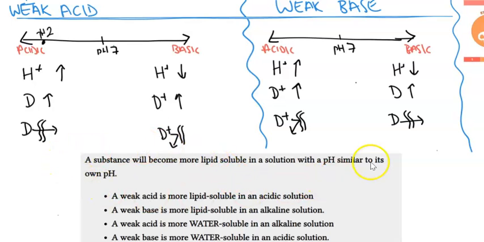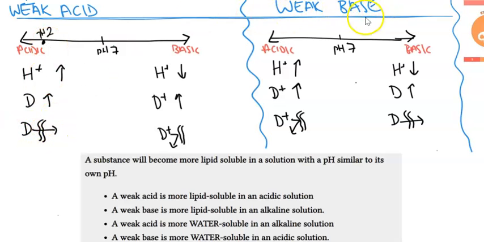So this is a key thing to keep in mind: a drug or a substance will become more lipid soluble in an area with a pH similar to its own pH. What does that mean? If you have a drug with a pH of 2 and you put it in an acidic environment, it's going to go through.